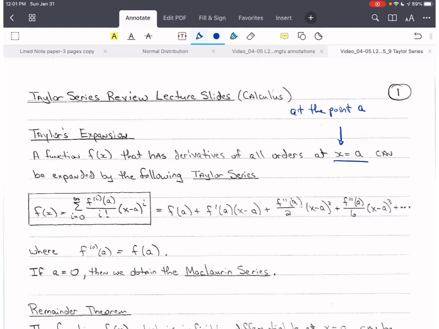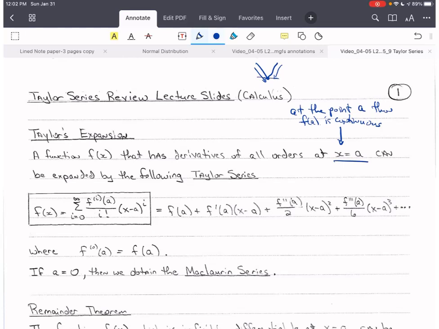a, then f of a is continuous. Because in order to be differentiable, you have to be continuous. You can be continuous and not differentiable. If you remember the absolute value, it has a sharp point here, and so the limit of the slope in this direction is -1, and the limit of the slope in that direction is +1, and so they're not the same.